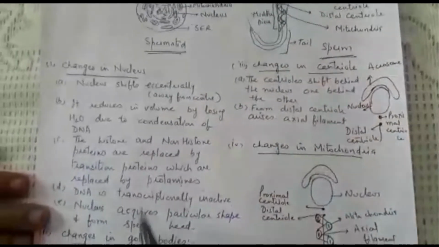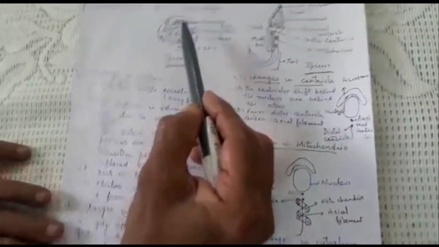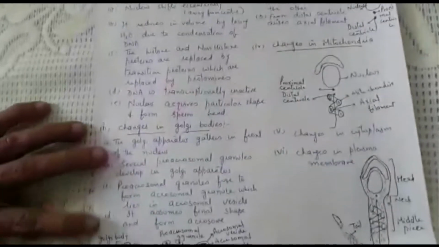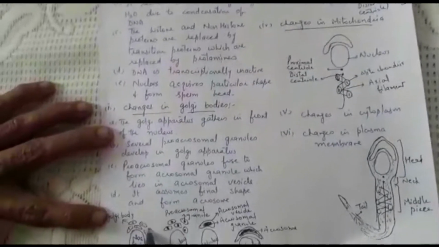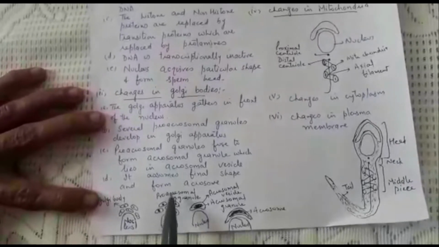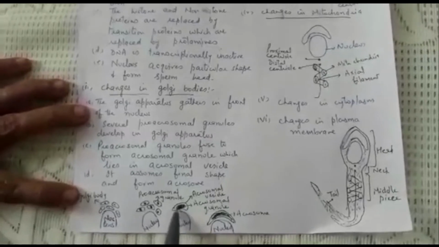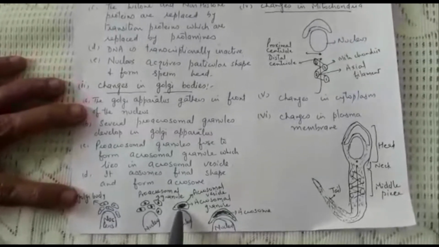Second is changes in Golgi bodies. Golgi bodies surround the nucleus. First of all, they gather in front of the nucleus. Each Golgi body synthesizes proacrosomal granule. Proacrosomal granules fuse to form acrosomal granule.